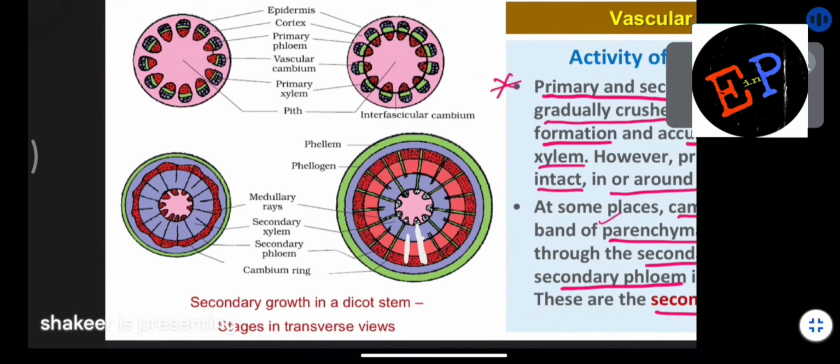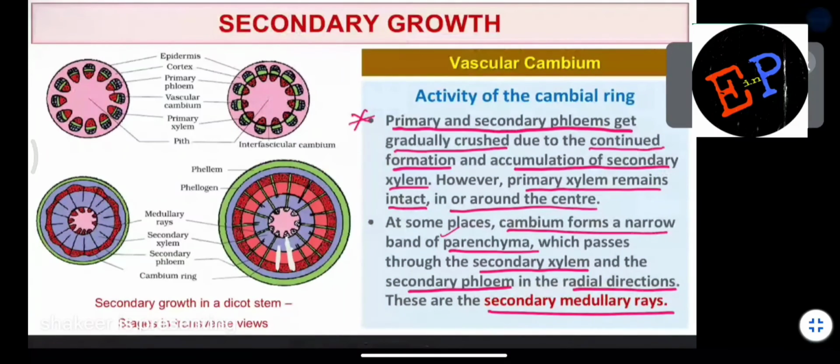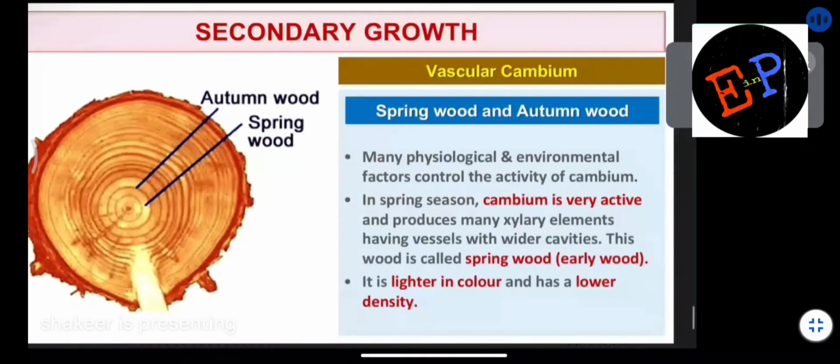Only secondary xylem and secondary phloem. But primary medullary rays, they start from the pith itself. Pith is not differentiated. Beyond the pith, they will travel up to the end of this stem. Are you able to understand, ma? That's it. Okay, అర్థమవుతున్నాయి కదా? So primary medullary rays and secondary medullary rays both are created in the stem.